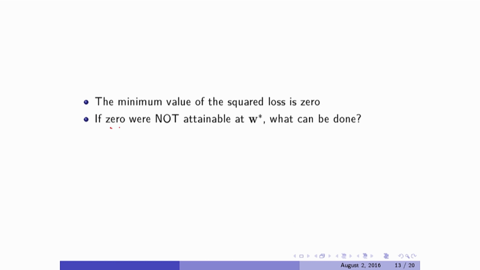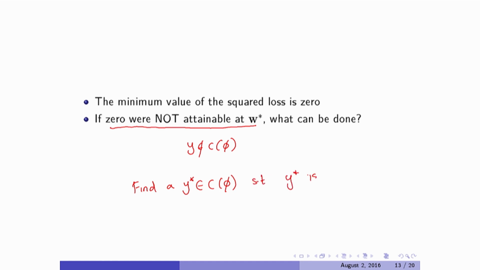So if 0 were not attainable at w star, that is, y is not in the column space of phi, what could you do? Well, what you could do is find a y star in the column space of phi such that y star is as close as possible to y.